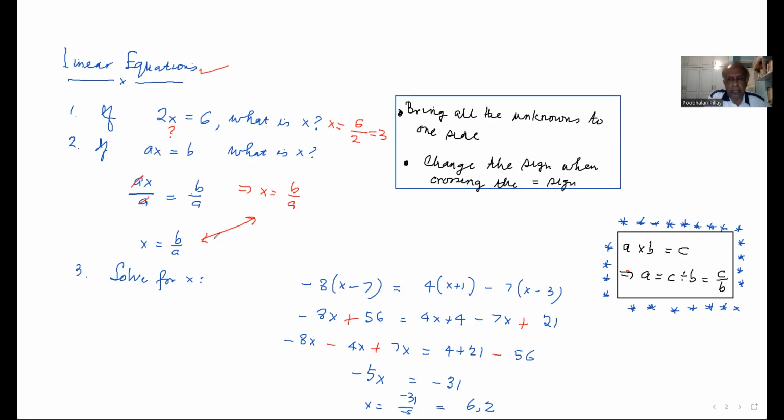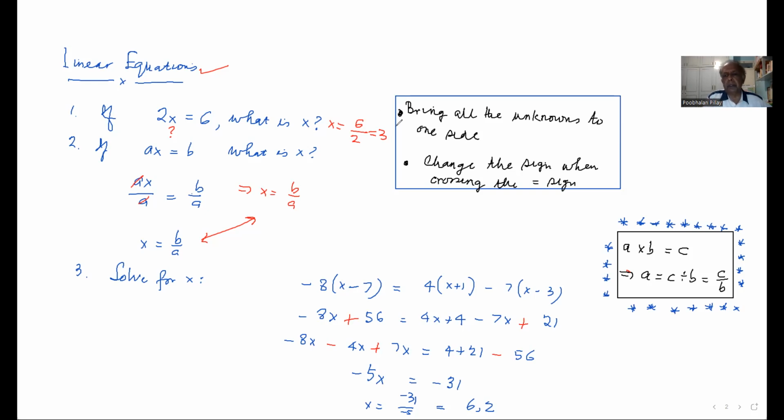Then you call it a linear equation. Now you take an example like this. Here you have an equation, there's an equal sign, and there is an x here, which is an unknown, and it doesn't appear as a square or anything like that. And so this is an example of a linear equation.